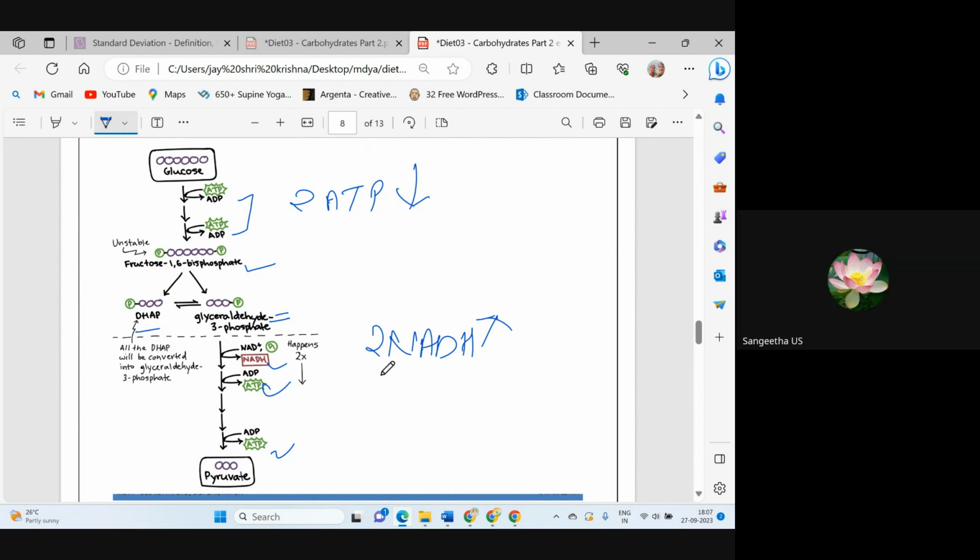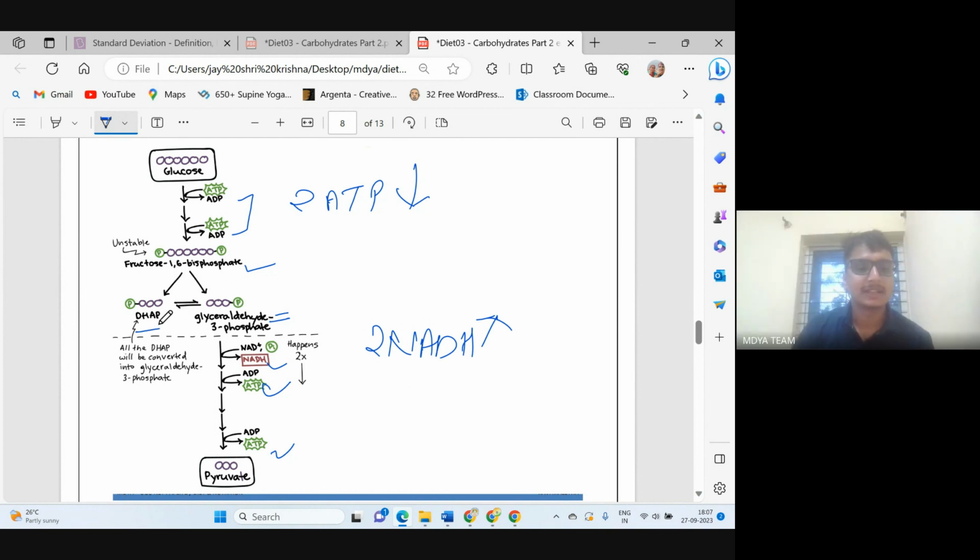From DHAP also, because DHAP will also be converted into glyceraldehyde, and the same cycle happens twice. So there is production of 4 ATP. So this is all about glycolysis.